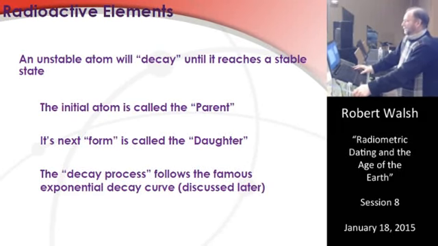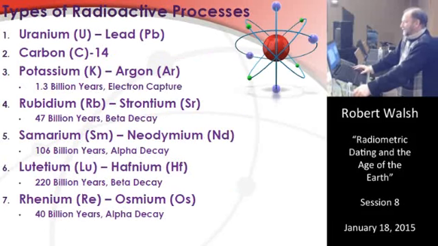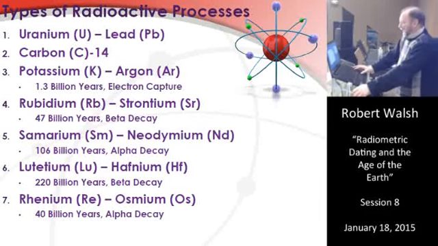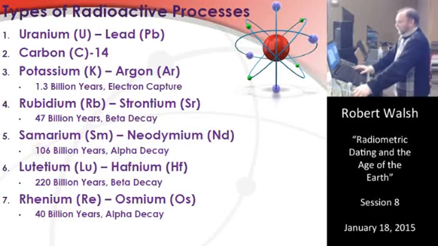Types of radioactive decay processes. Well, uranium and lead. Uranium will eventually decay into lead through this decay process. Carbon-14 eventually decays. Potassium and argon. Potassium eventually decays into argon.